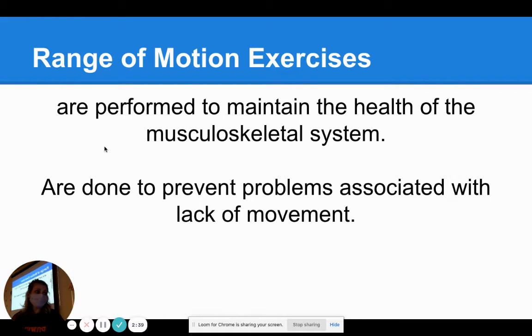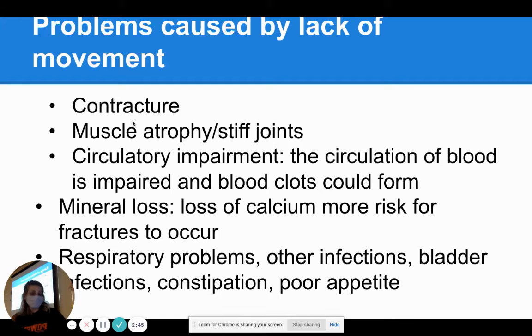Range of motion is done to maintain the health of the musculoskeletal system. So problems caused by immobility, here they are. Contracture, atrophy, stiff joints, circulatory impairment, meaning blood clots. Hopefully by now you understand that a clot is going to block blood flow to a certain area, and if a certain area of the body doesn't get blood flow, what's going to happen?